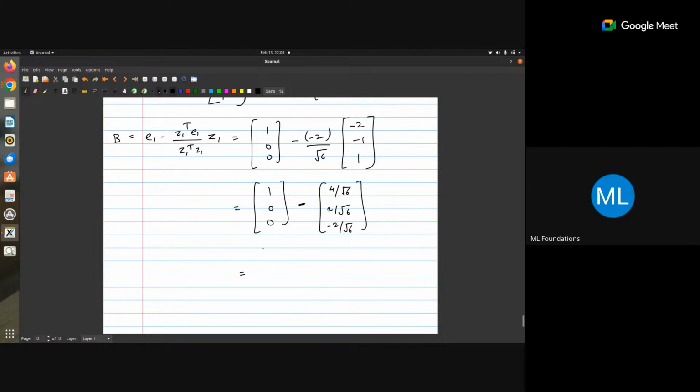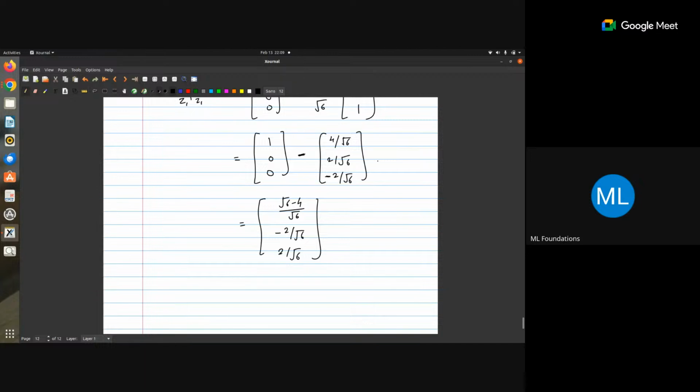So basically it's 1 minus 4 by root 6, so this becomes root 6 minus 4 by root 6, then minus 2 by root 6 and plus 2 by root 6. So that is my B.